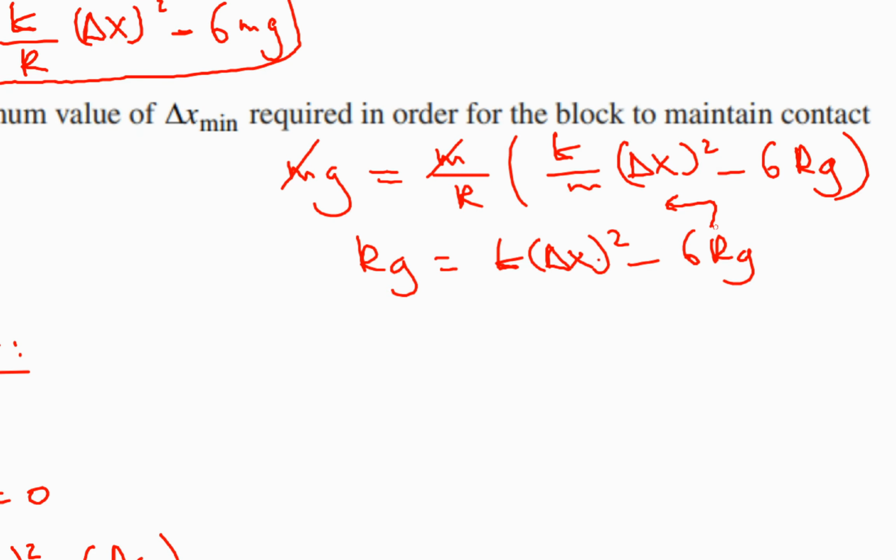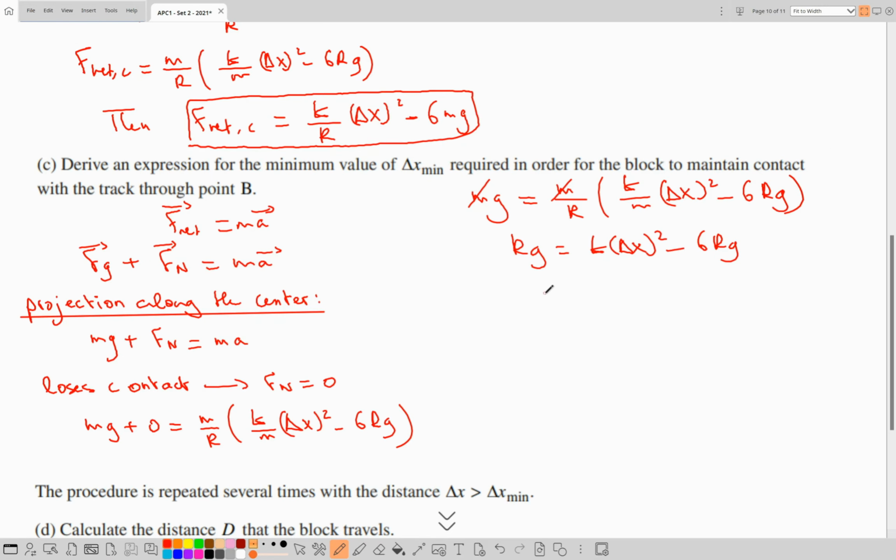Now taking this to the other side, k delta x squared is 7rg, which means delta x minimum, the minimum required value for delta x in order for the block to make it to point B before it loses contact, is given by 7rg divided by k.